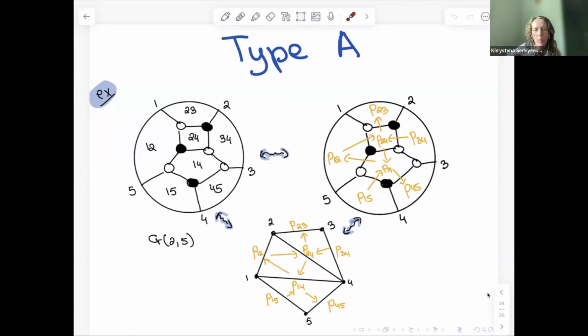You can try to use other tools to study these higher cluster variables. In particular, one can try to consider something called web diagrams, or one can try to get to these cluster variables using categorification and the associated representation theory. So there's been some recent developments in that direction, but it's still, I would say, a long way to go before we understand these more complicated cluster variables and seeds.